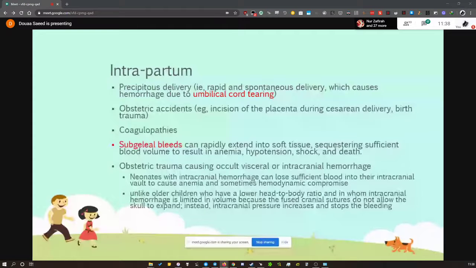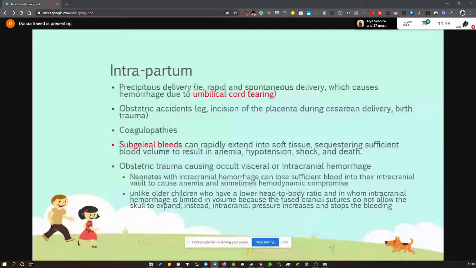So in trauma, it can cause occult visceral or intracranial hemorrhage. Neonates with intracranial hemorrhage can lose sufficient blood into their intracranial vaults and cause anemia and sometimes hemodynamic compromise such as hypotension, shock, eventually leading to death. Unlike older children, who have a lower head-to-body ratio, their intracranial hemorrhage is limited in volume because they have fused cranial sutures, and these fused sutures will not allow expansion.